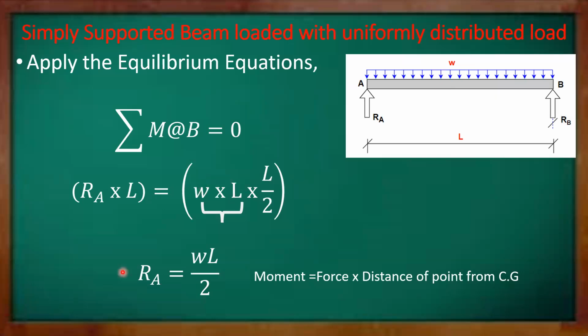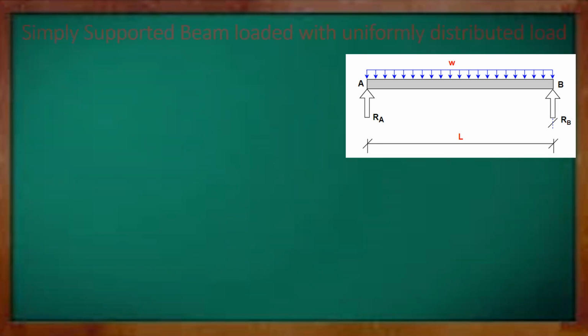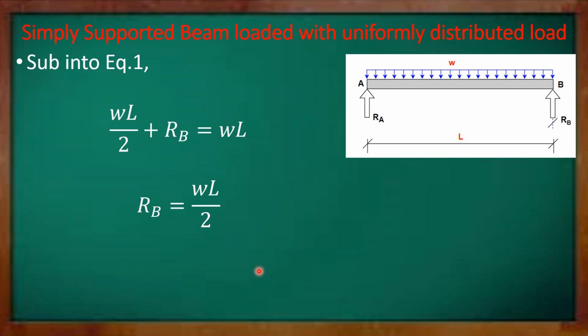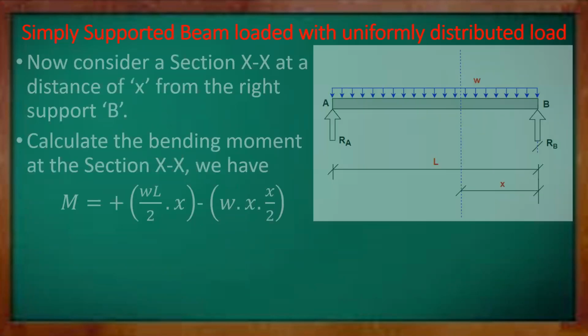When we simplify, we get RA equal to WL by 2. Substituting RA equal to WL by 2 in our equation 1, we get RB, which is also equal to WL by 2. So both our reaction forces are equal to WL by 2.